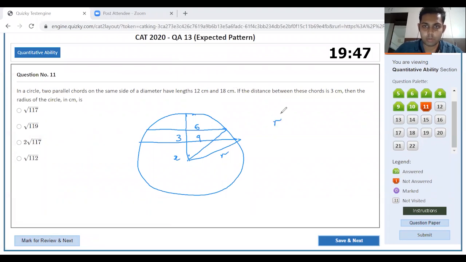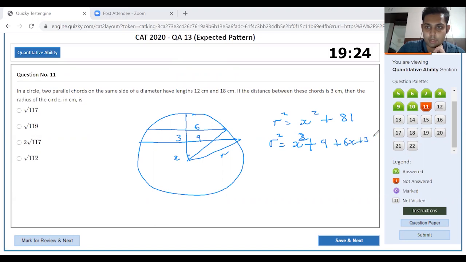So R square is equal to X square plus 81, and R square is equal to X plus 3, the whole square, plus 36. So X plus 3 the whole square is X square plus 9 plus 6X plus 36.